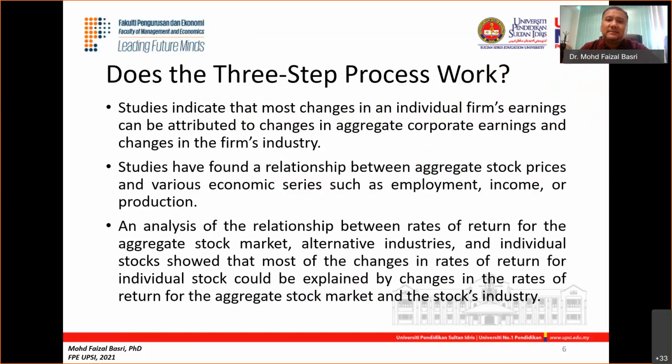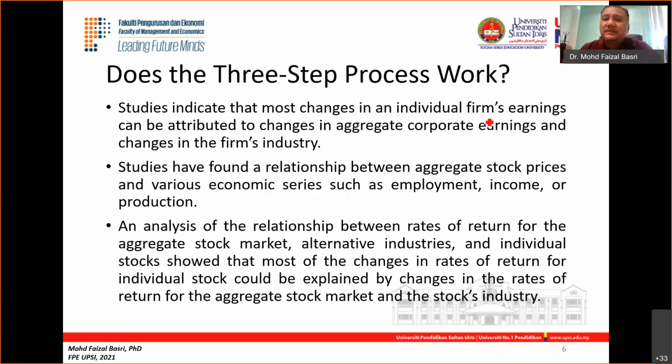So does the three-step process work? In general, based on academic study, a lot of researchers indicate that there's a relationship between economic indicators, as I mentioned earlier, like LCI, GDP, unemployment, inflation rates, sometimes currency exchange, and performance.